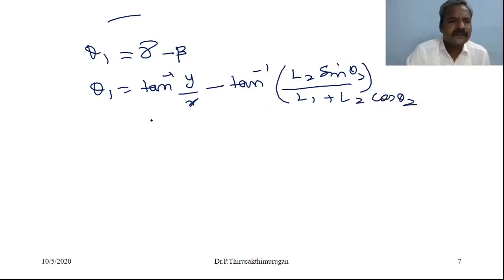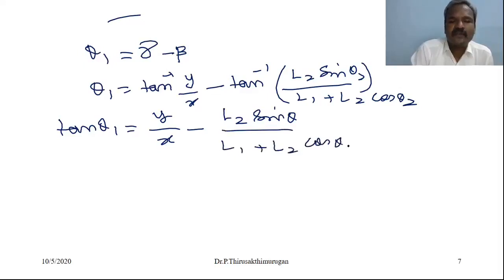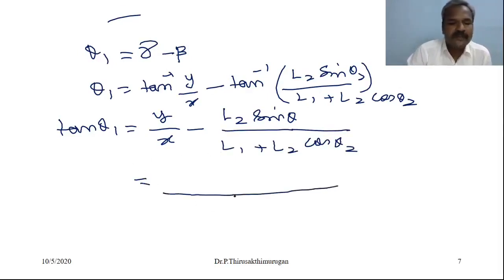Am I right? If you apply tan on both sides, we get tan theta 1 equal to y by x minus L2 sin theta 2 divided by L1 plus L2 cos theta 2. If you take the LCM here, you will get x in the denominator.